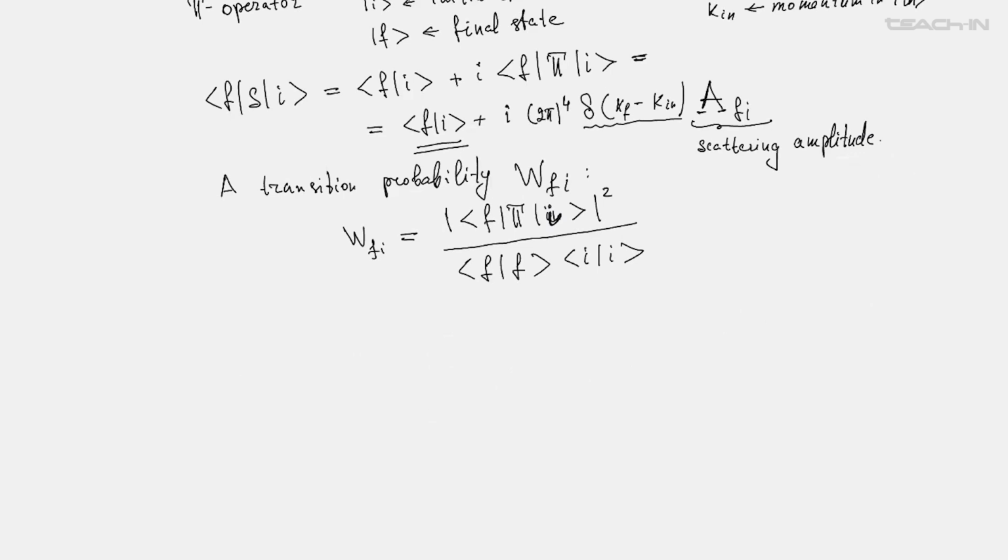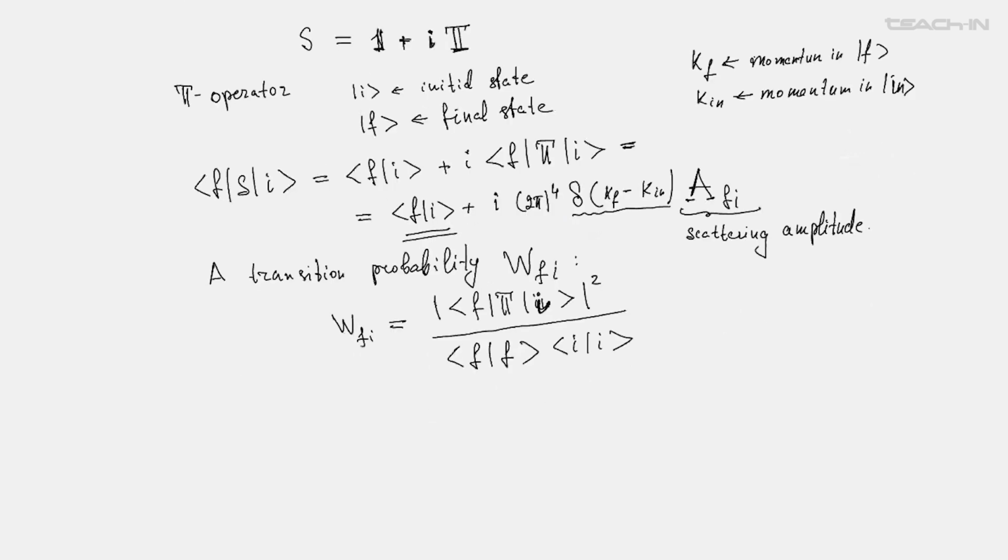Now, being defined in this way, it is clear that there is a problem with this definition, because the matrix element of T between initial and final states contains this delta function. And so taking the modulus squared of this matrix element leads to the appearance of a square of delta function, which is an undefined quantity.